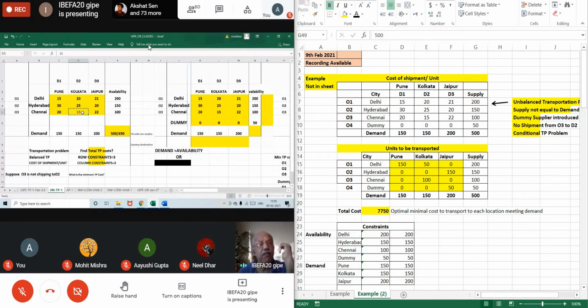Mathematics says, therefore, give a very high number here. Will the solver give allocation there? It would prefer not to. Why? Because my objective is to minimize cost. Correct.